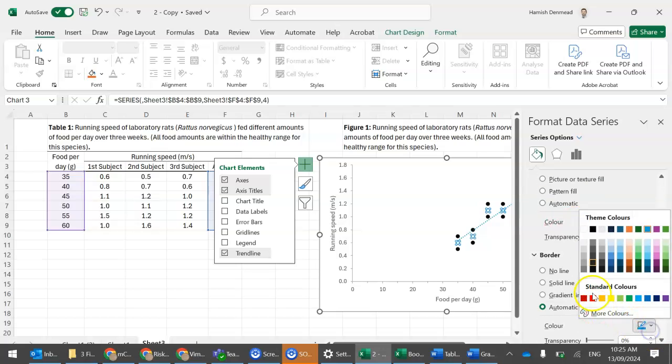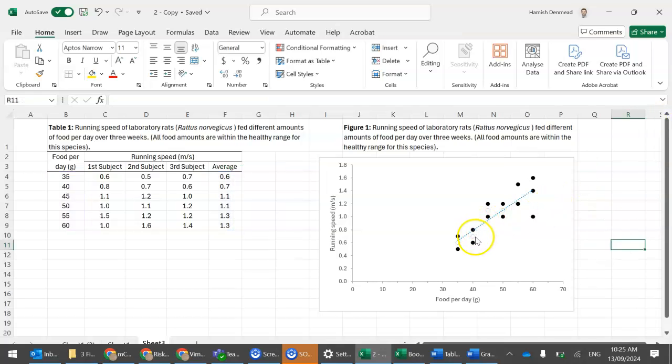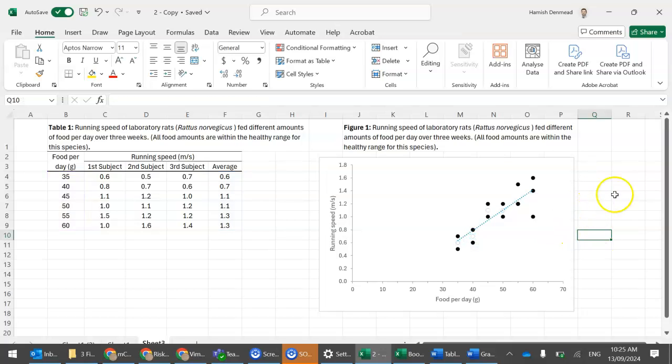Fill white and line white. Okay, there's a nice clear scatter plot where we can easily see the overall trend, which will be easy to write in our discussion and discuss now, where the amount of food given per day causes the running speed of rats to increase over time.